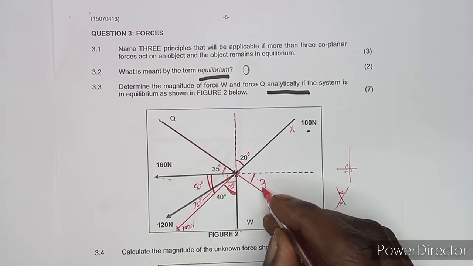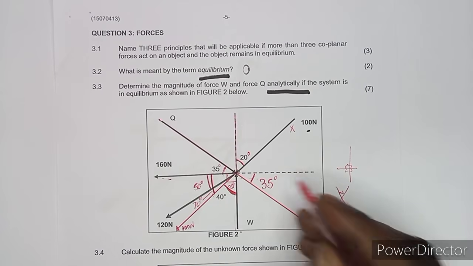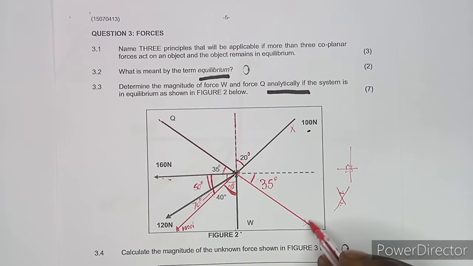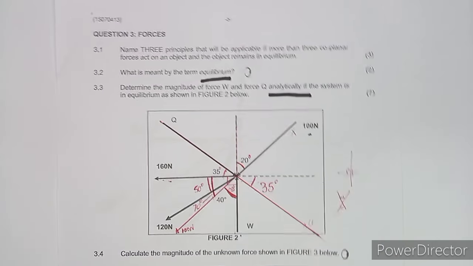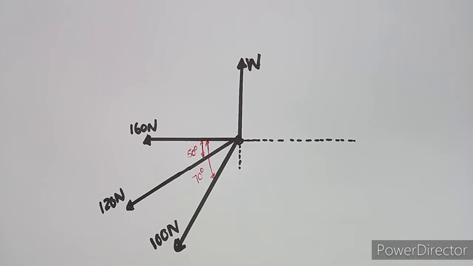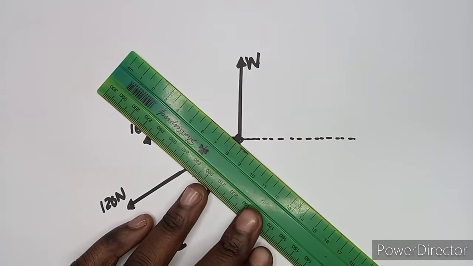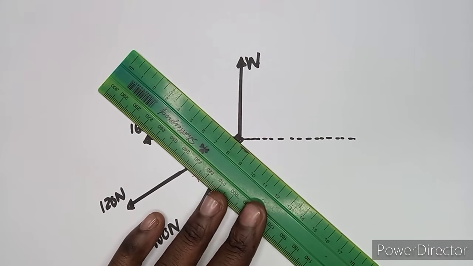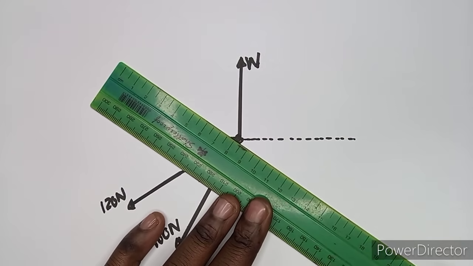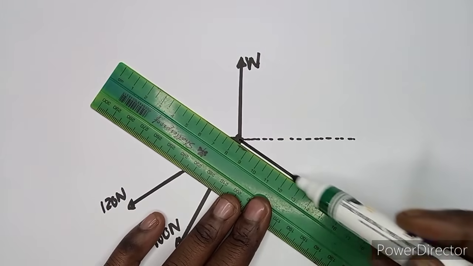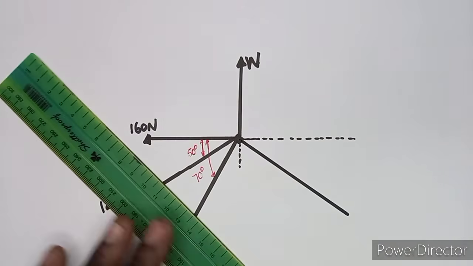So this angle is going to be 35 degrees here, but this is now your force Q at this point. All right. So Q is going to be seen on this side. It's going to be taken, or it's going to be reflected to this side here like this. So you haven't changed anything.